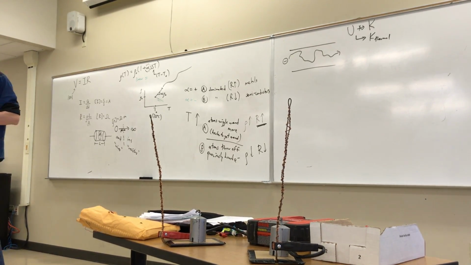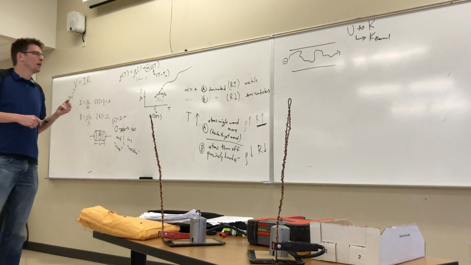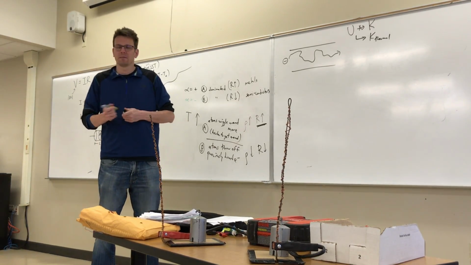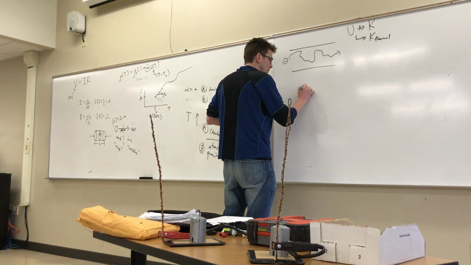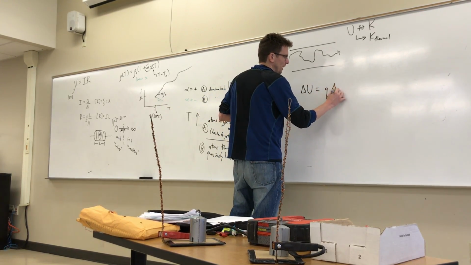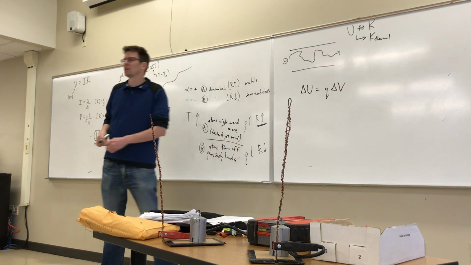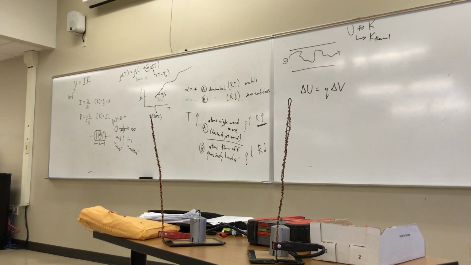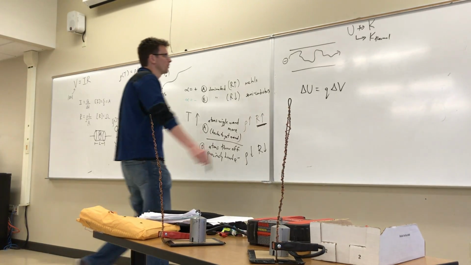Okay? So, let me attempt to do that. We can take this formula right here. The amount of potential energy that you lose is determined by the charge and then the voltage difference that it goes across, right?